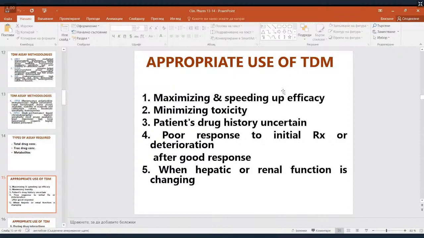Appropriate use of TDM is related to maximizing and speeding up efficacy, minimizing toxicity. So these are our goals when doing therapeutic drug monitoring. When there is a poor response to the initial therapy or deterioration after initial good response, when the hepatic or renal functions are changing, because this is important for drug elimination and drug pharmacokinetics. So sometimes we need to change the dose according to the liver or renal function.